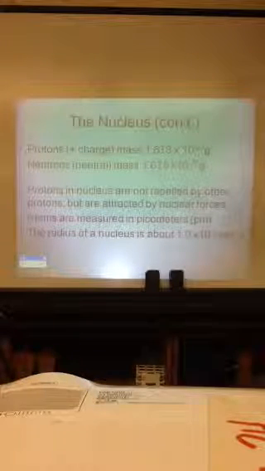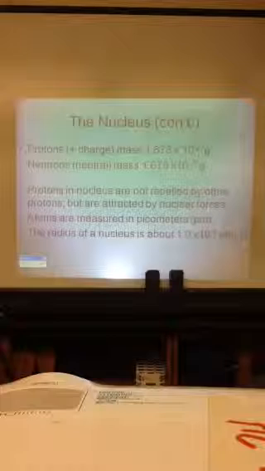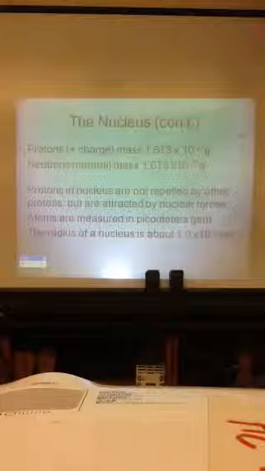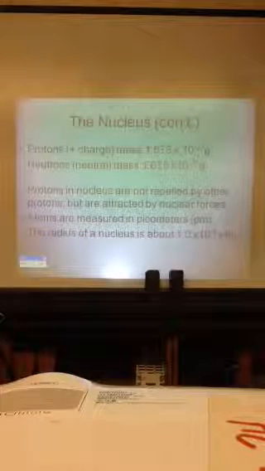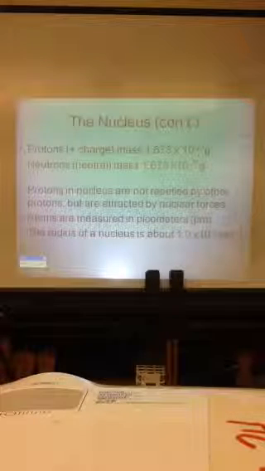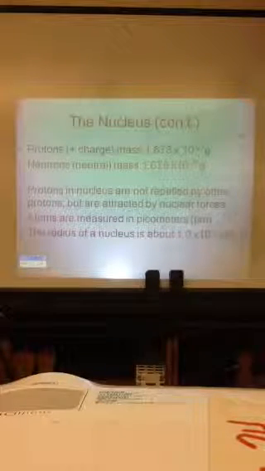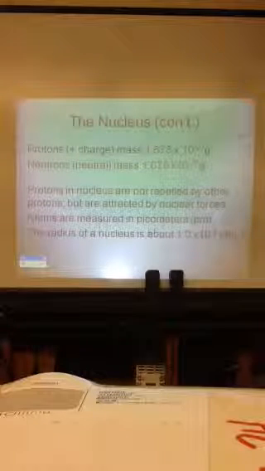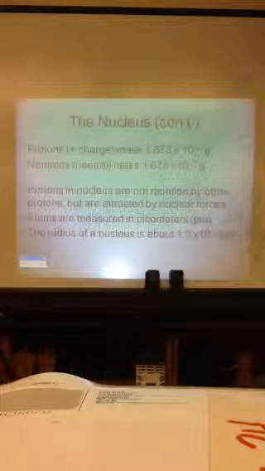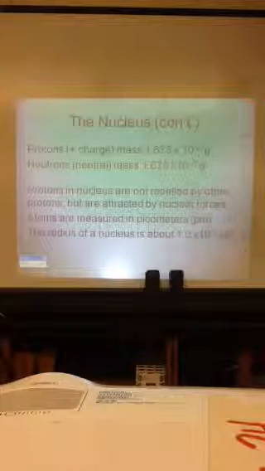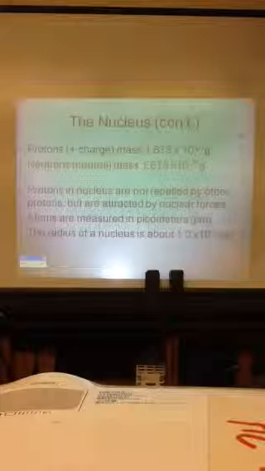Look at the masses on your notes of the proton and the neutron. What do you notice about them? They're pretty darn close. The neutron's got the proton by a little tiny bit, but we're out to 10 to the -27th. So that's like a gazillionth.